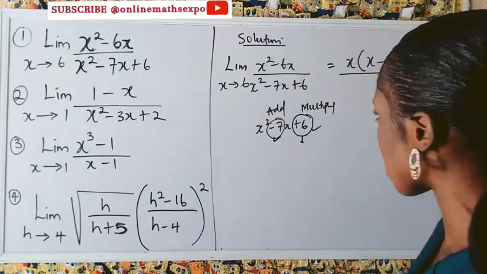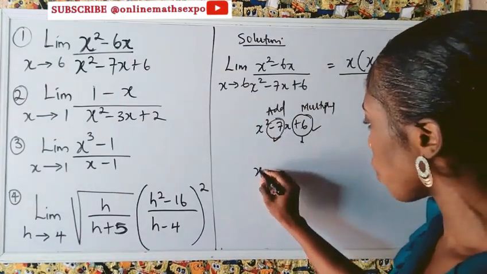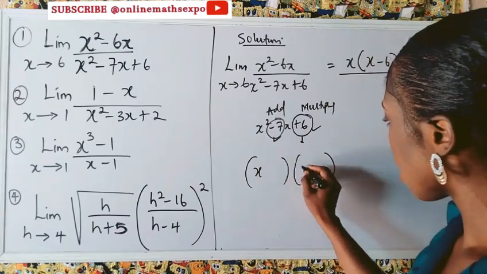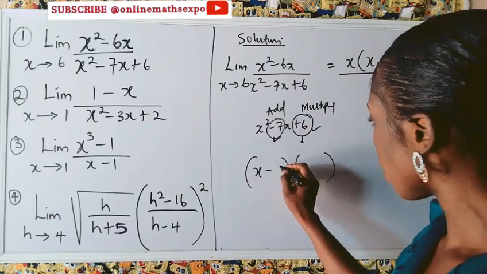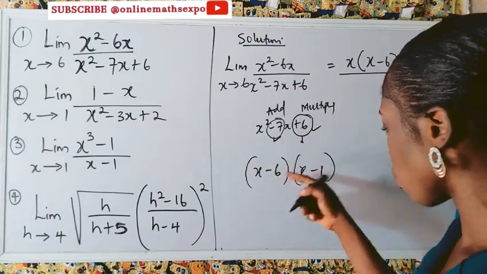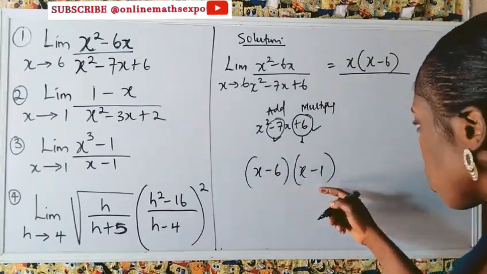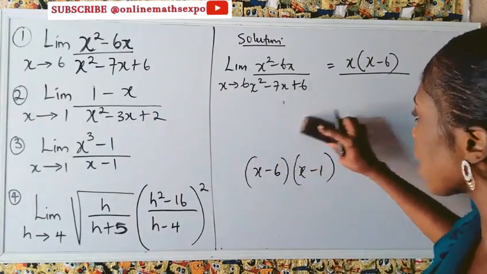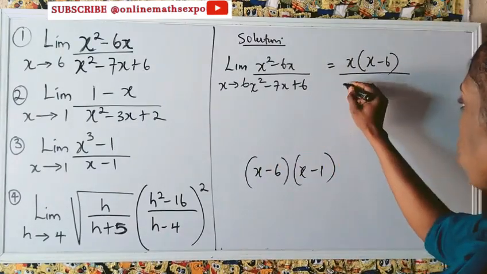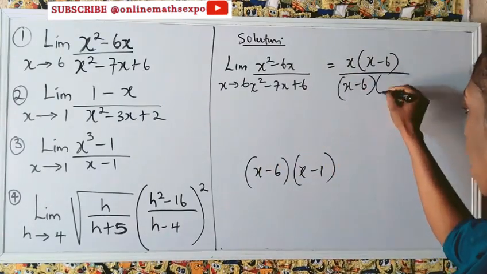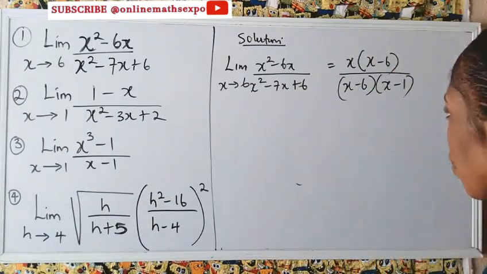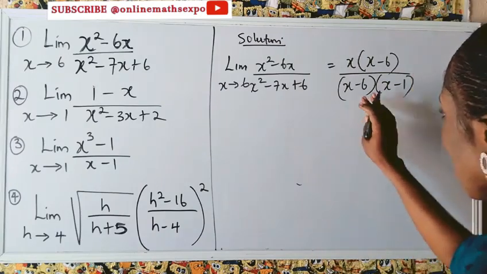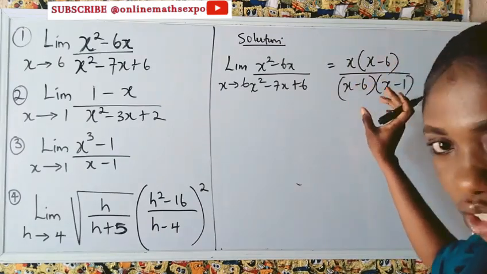So what it means is that since it's x squared, we are going to open two brackets, give x here and x here. Then the two numbers, negative 6 and negative 1, we add to the terms. So for factoring this, we are going to have x minus 6 and x minus 1. I hope it's clear. Now at this point, what do you notice? You notice that there are common expressions there.